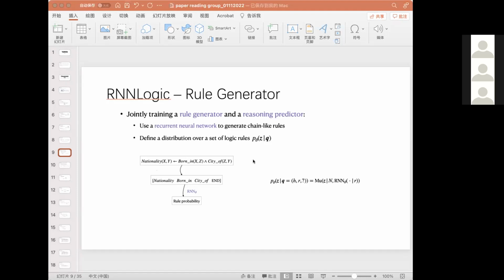Because in this paper the goal is to generate chain-like rules, as shown in the slides, this is an example of chain-like rules. We can observe that the body of a chain-like rule is usually a path in the knowledge graph.